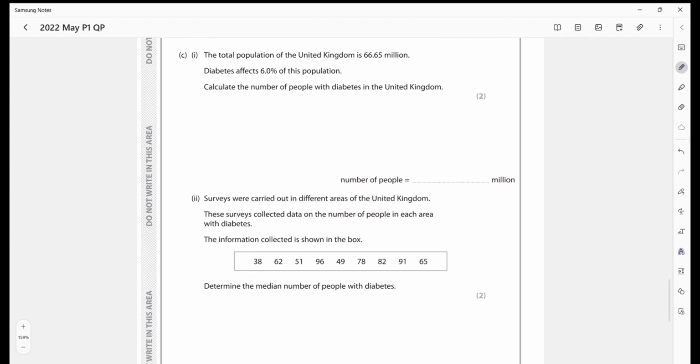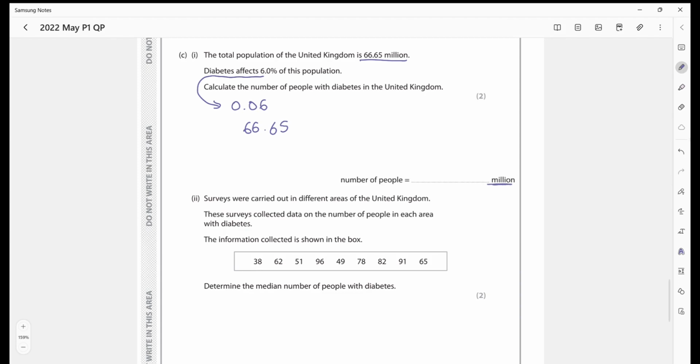Okay, part C1. The total population of the United Kingdom is 66.65 million. Diabetes affects 6% of this population. Calculate the number of people with diabetes in the United Kingdom. So we would just want to find 6% of this number here. 6% is the same as 0.06. So we would do 66.65 million. And you can see here in the answer, they've written million here.